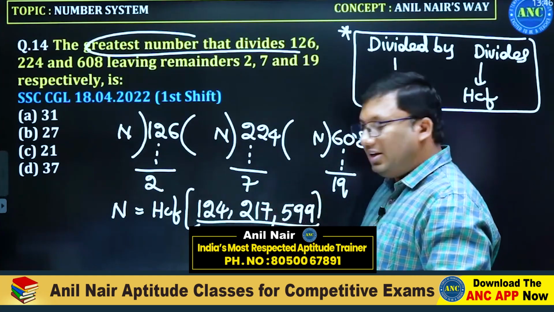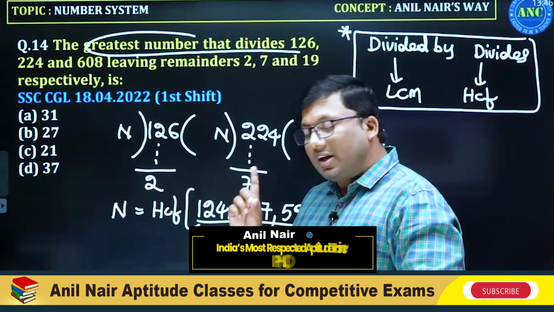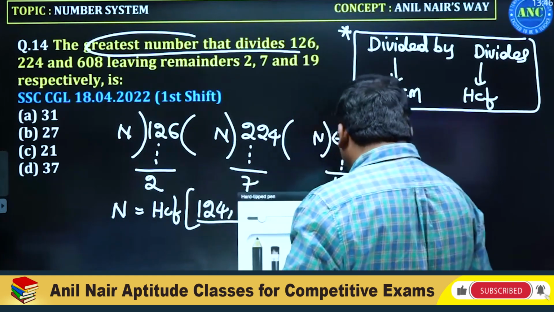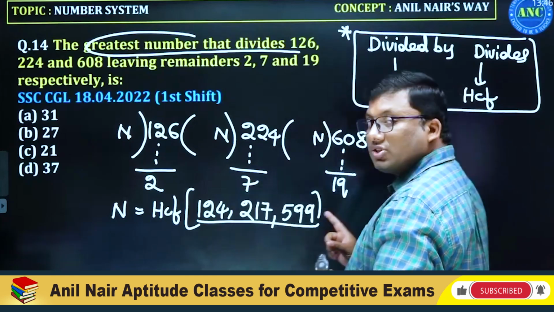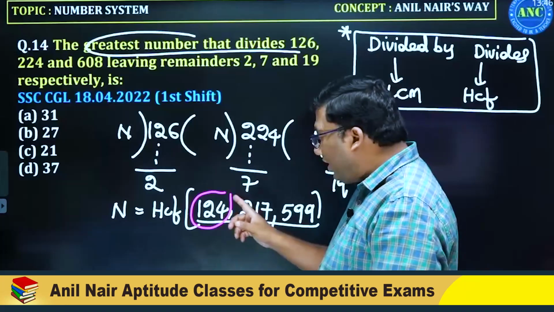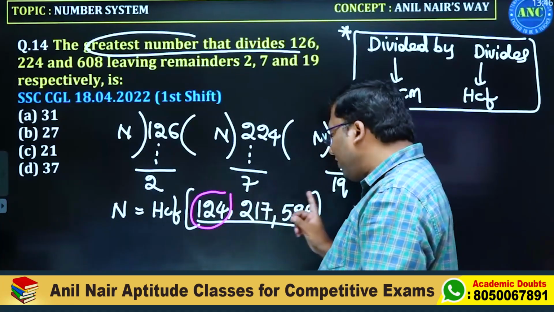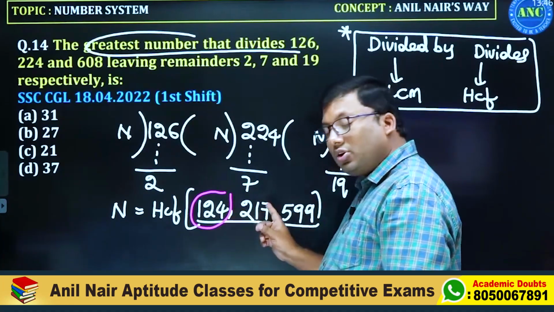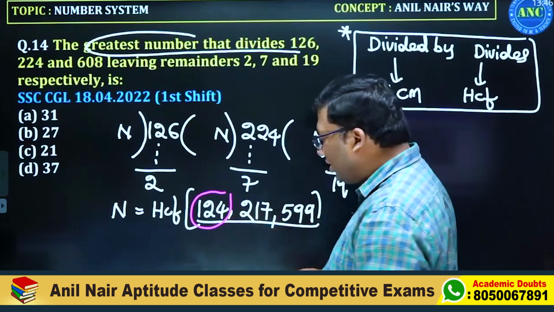Whenever we are doing HCF, our entire concentration is on the smallest number. The smallest number is 124. 124 should be a factor of every number. 124 2s are 248, no, it is not.